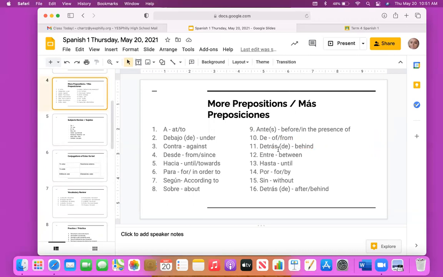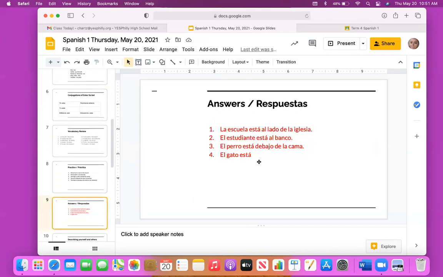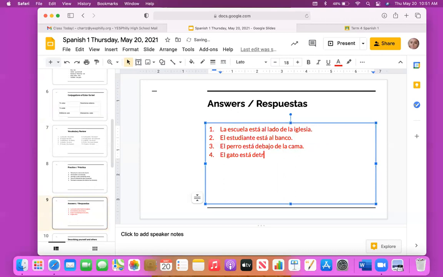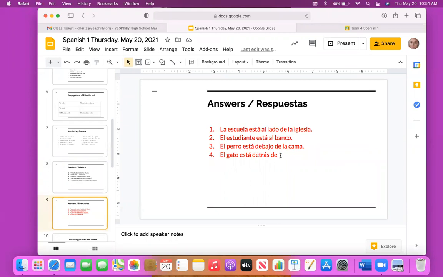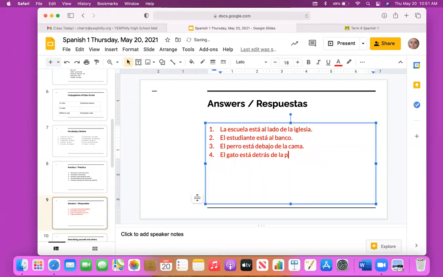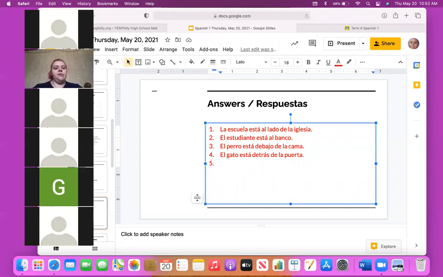Detrás de, right? So that's what we're going to put. De. And then I have the door. And we didn't learn that word, so I have la puerta. Okay. So does everybody kind of understand how I'm doing this? It's kind of like a puzzle. You put the pieces together and that's how you formulate sentences. Does this kind of make sense to everybody?